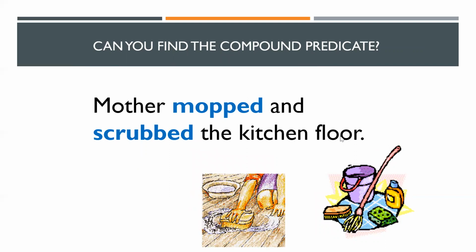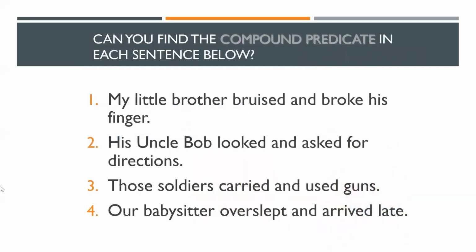Next one, can you find the compound predicate in each sentence below? So you have the first one, brushed and broked. Number two, looked and asked. The soldiers carried and used guns, so the compound predicates are carried and used.